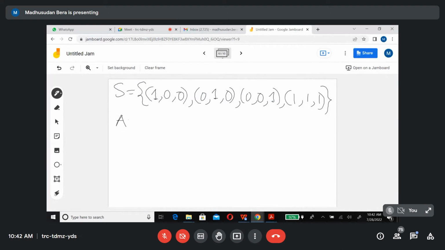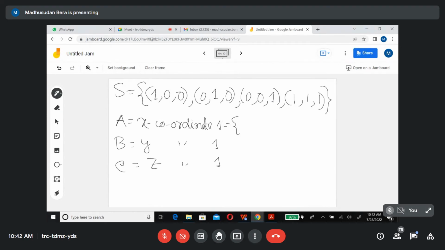Suppose A is the event, x coordinate 1. B is the event, y coordinate 1. C is the event, z coordinate 1.